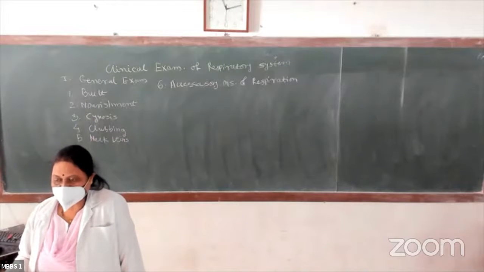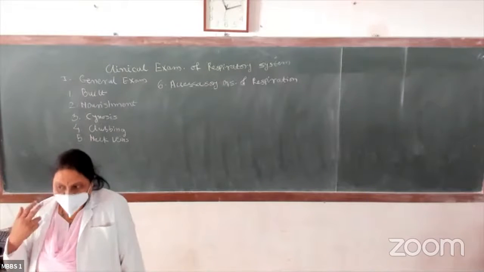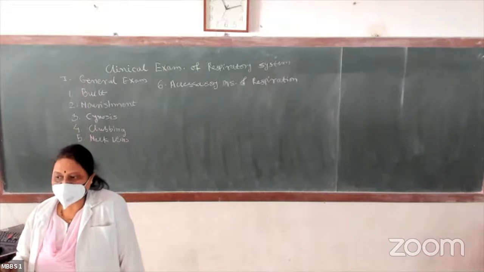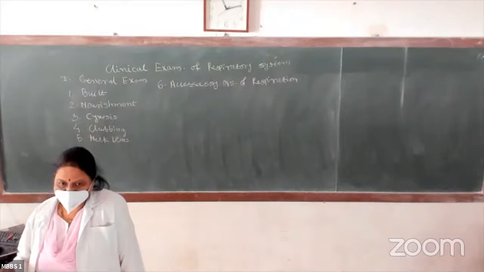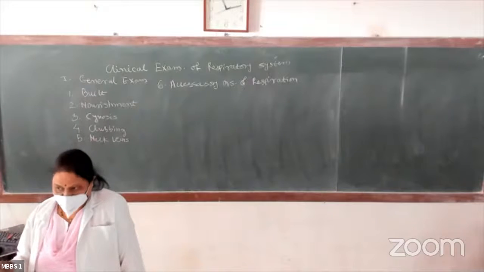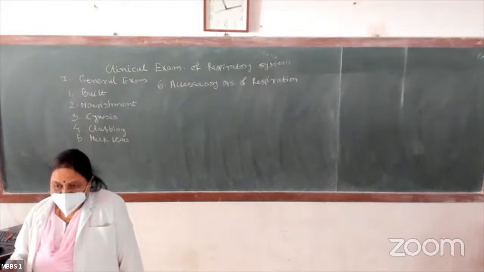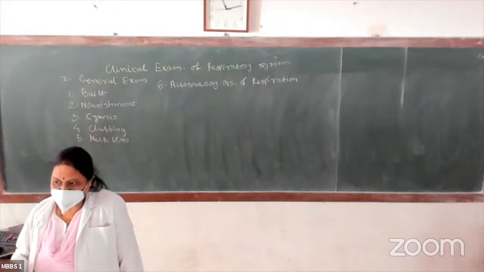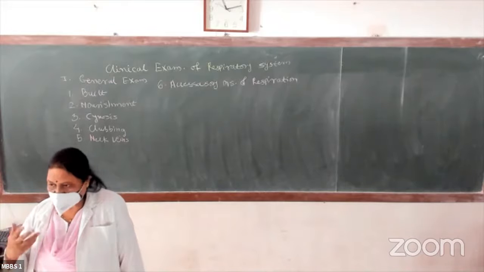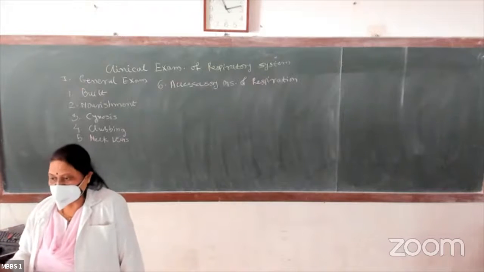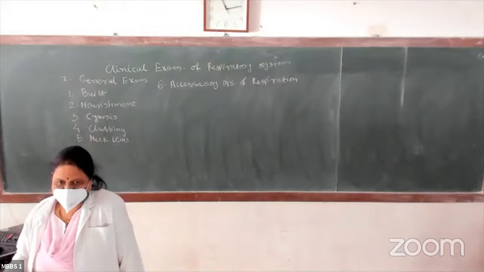Scalenus, okay. Then sternocleidomastoid muscle, okay. Then serratus anterior, and so on. So if these accessory muscles, the sternocleidomastoid muscle, serratus anterior, scalene, are working, at that time the patient is breathless.